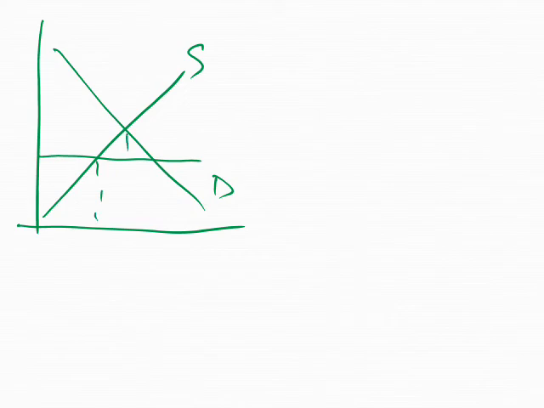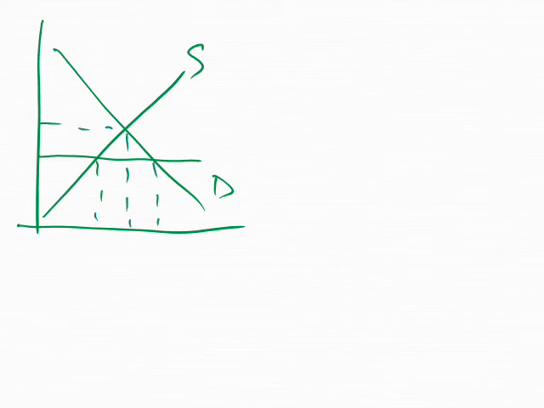So on one side we need to talk about why it would be effective. So we need the maximum price graph. So supply and demand, we set the maximum price. It's going to give us three equilibriums.